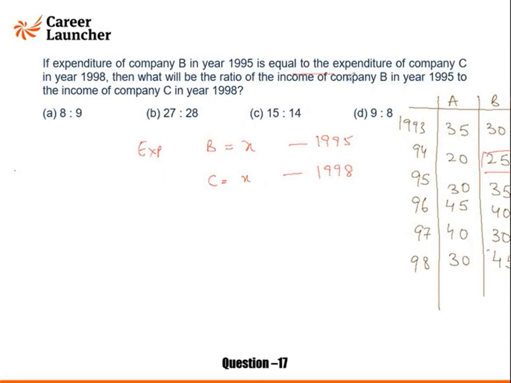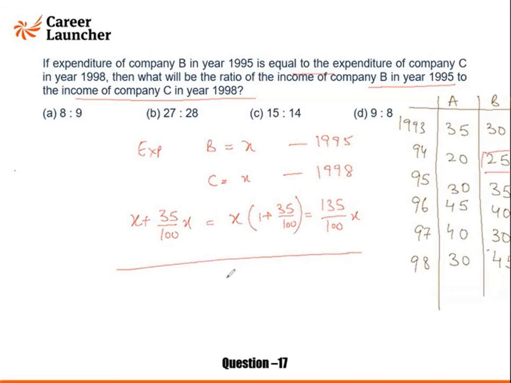What will be the ratio of income of company B in the year 1995 to income of company C in the year 1998? B's income in 1995 would be, with cost price X, X plus 35 by 100 of X. This turns out to be X into 1 plus 35 by 100, or 135 by 100. That's one part.